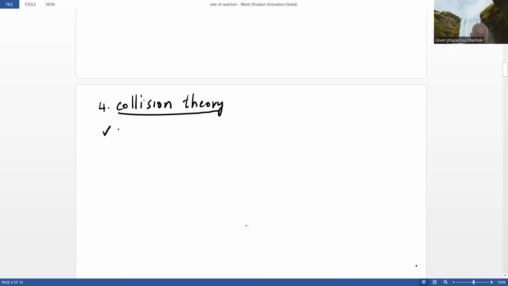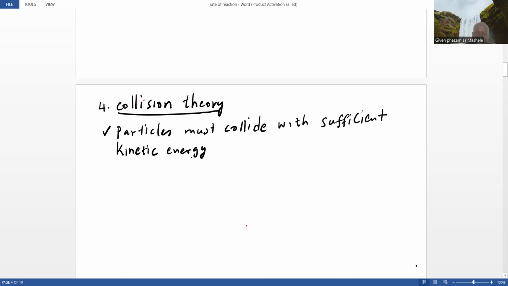particles must collide with sufficient kinetic energy or enough energy. Let's just say sufficient energy or enough energy, whether we use sufficient or the word enough.